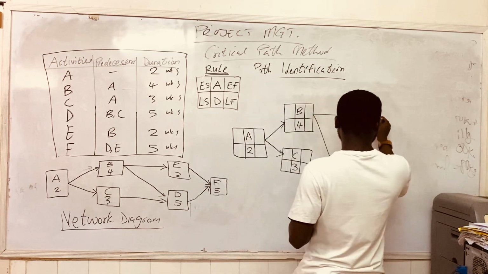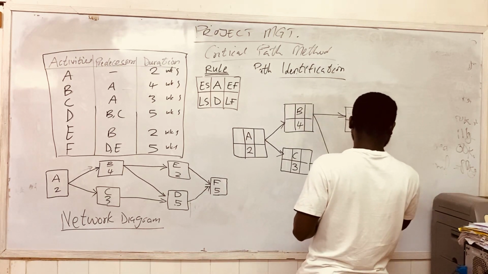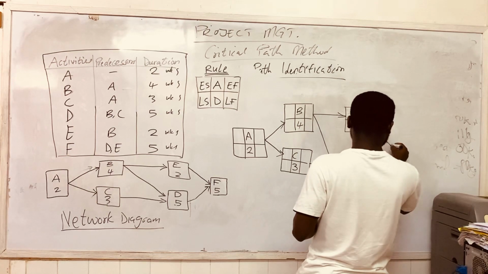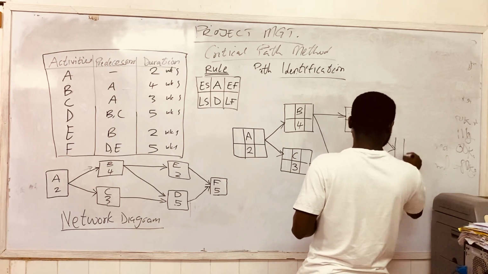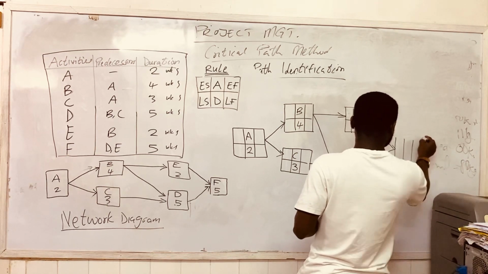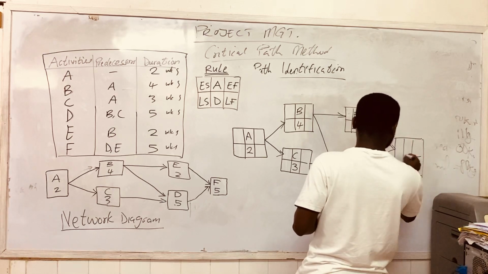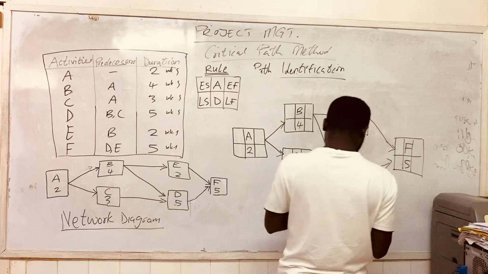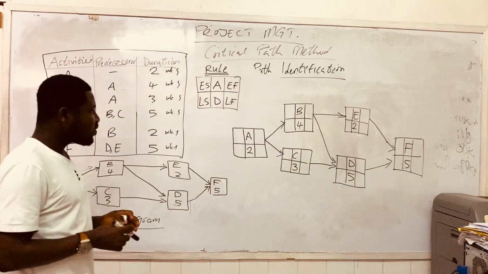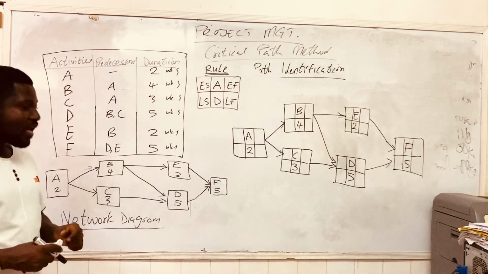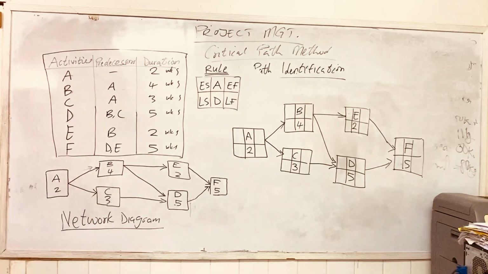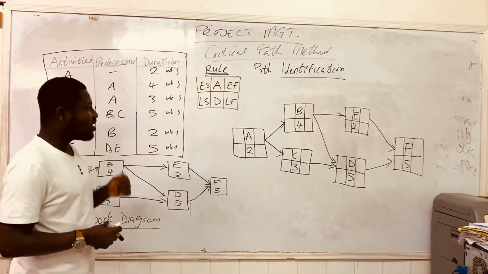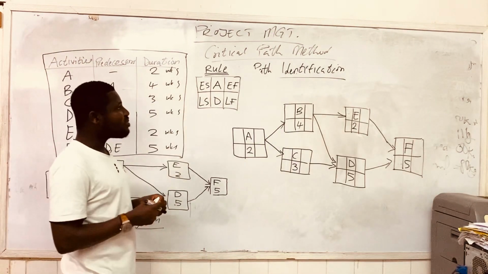Then we have activity F, and that is also taking us 5. So this is drawn nicely, and we are going to start with our forward pass.